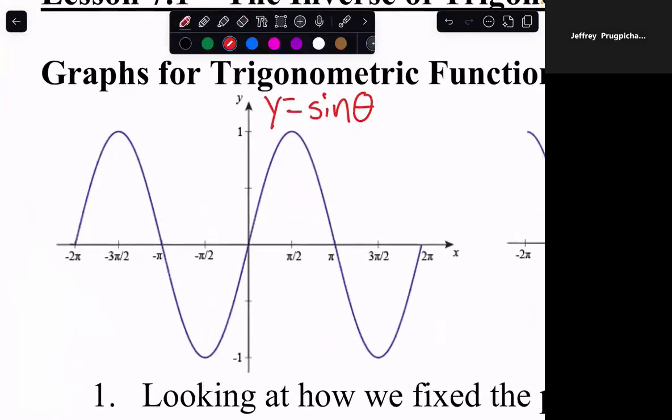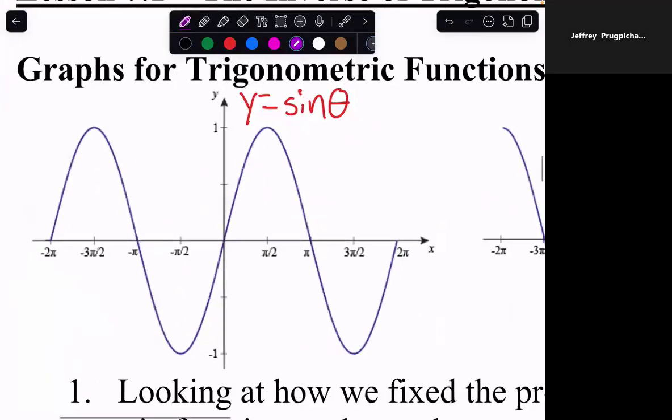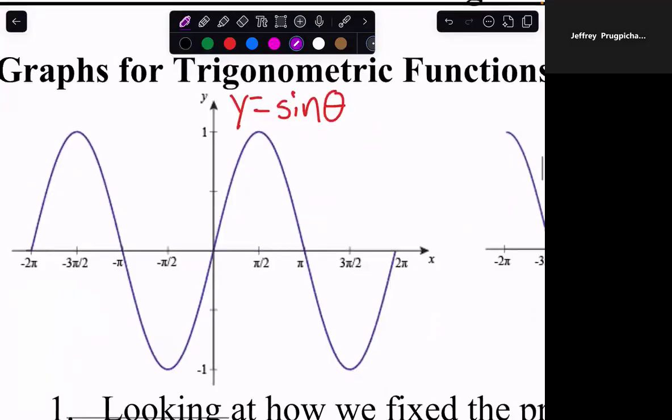The choice has been made for us, I don't know how many years ago. For sine of theta, we're going to restrict the domain to being between negative pi over 2 and positive pi over 2. We're going to keep what's in between, and throw away everything else.